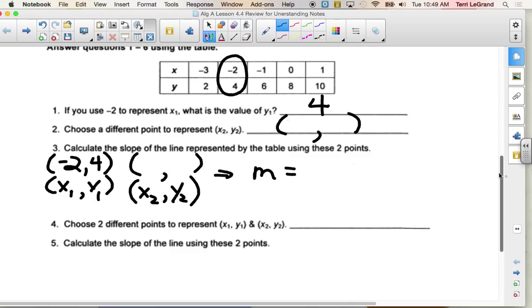Remember, we're going to simplify if we can. If we can divide out to an integer, divide it out to an integer. If we can't divide out to an integer, simplify it as a fraction.